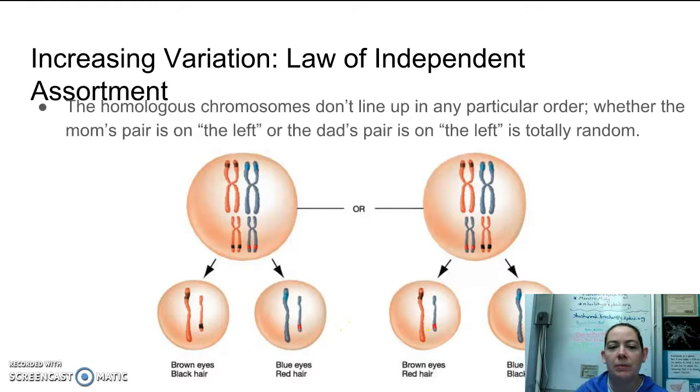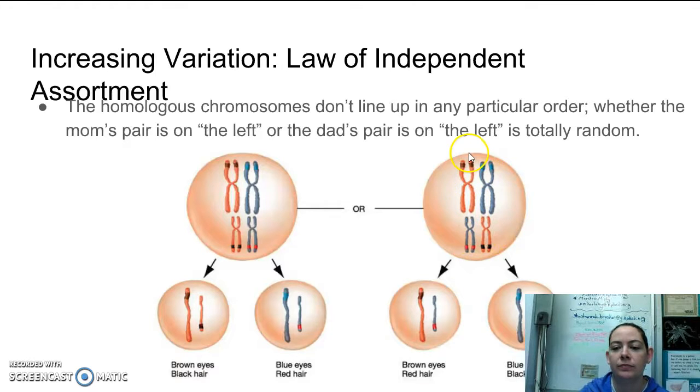Independent assortment we learned about with Mendel. So kind of the same as the segregation thing that we talked about. Alleles segregate into gametes in a random way. So in meiosis, when the homologous chromosomes line up, it's not always mom's on the left and dad's on the right. It could be, or normally they're just kind of mixed up, so it doesn't really matter which one's on which side.